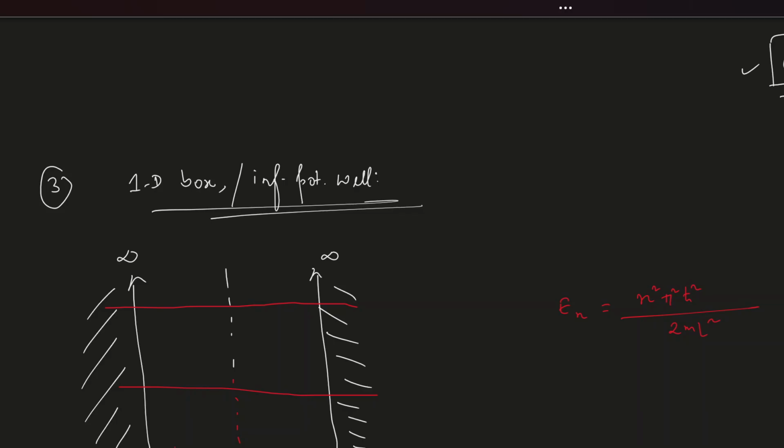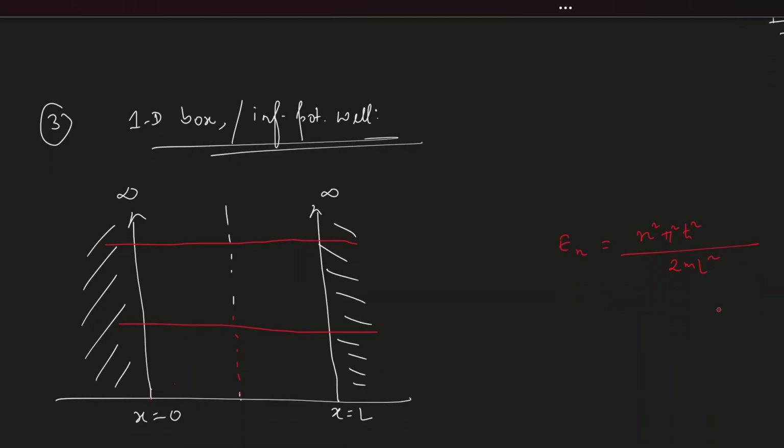And n is a quantum number which can only take integer values like 1, 2, 3, etc. This is your energy eigenvalue for the one-dimensional box problem.